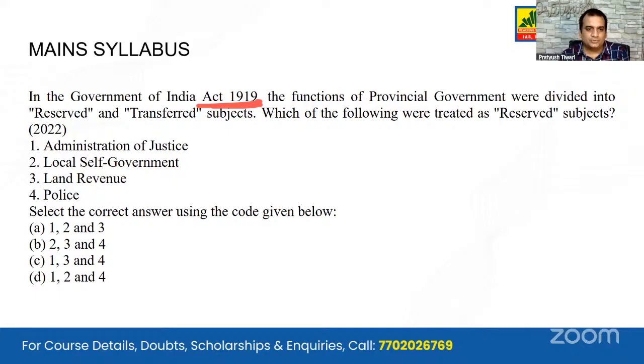Students reading these two subjects together, especially the parts in the constitution taken from the Constituent Assembly and the Government of India Act 1935, and especially what you're talking about, ma'am, the Government of India Act 1919, all of these were somewhere or other responsible for the constitution we have right now. So I believe students, especially serious aspirants, should interconnect and read these topics together, and it will be helpful for them. That's how you should do it.